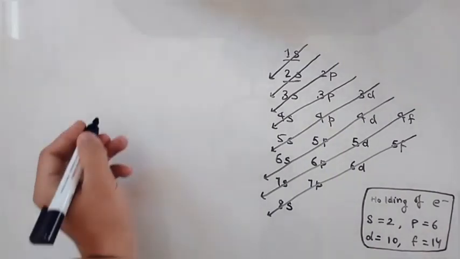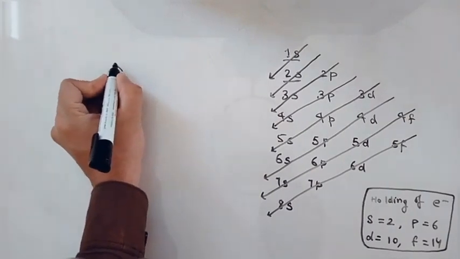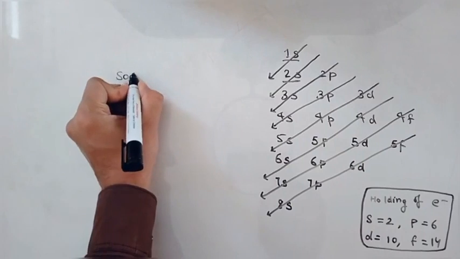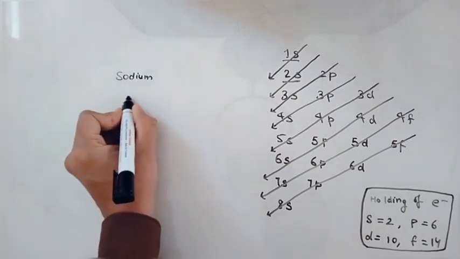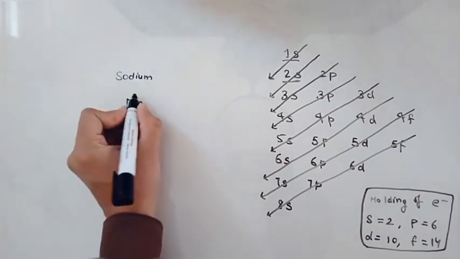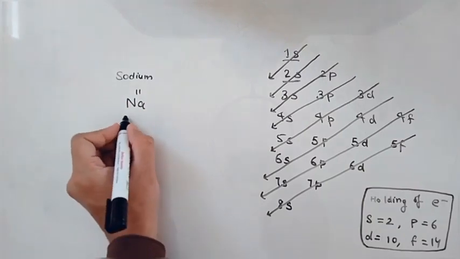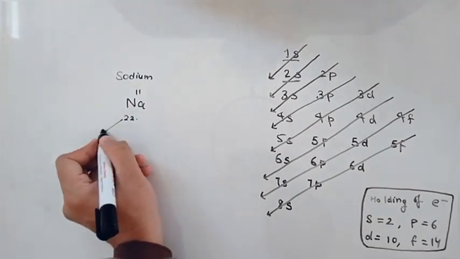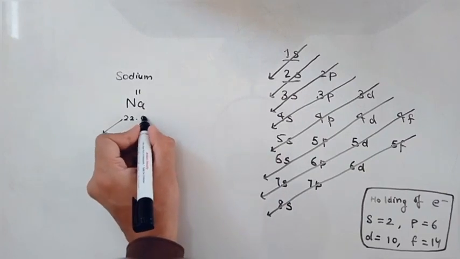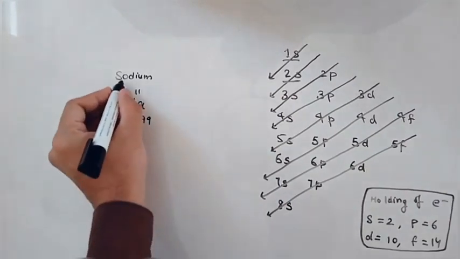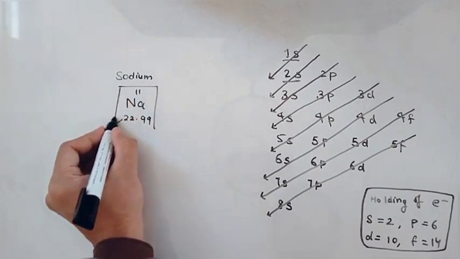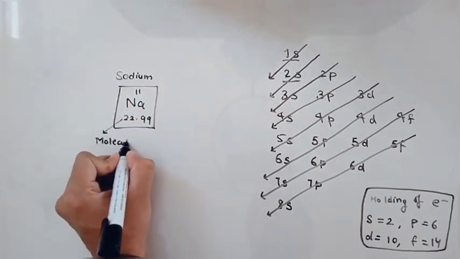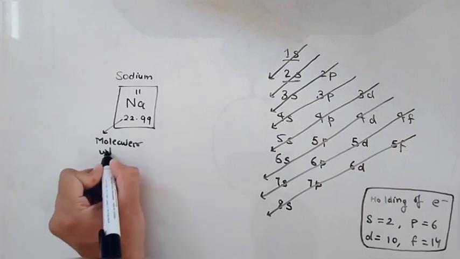Okay, so first we will be considering sodium, for which the symbol is Na with an atomic number 11, and its molar mass is 22.9.